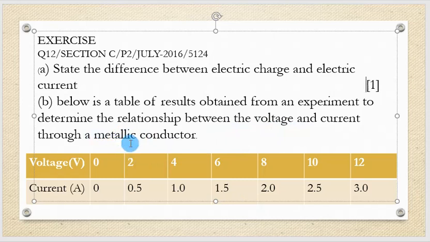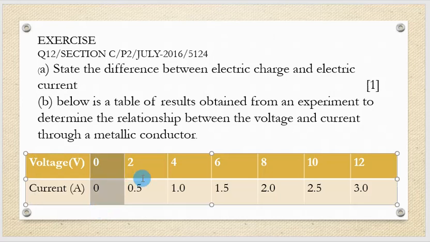No, you are supposed to draw a straight line using a ruler. If the points don't seem to be falling along the straight line, draw a best fit line like I just explained. Okay, so we have our table of values here, and you are supposed to use these values to draw a graph. Now, what type of graph are you going to draw?